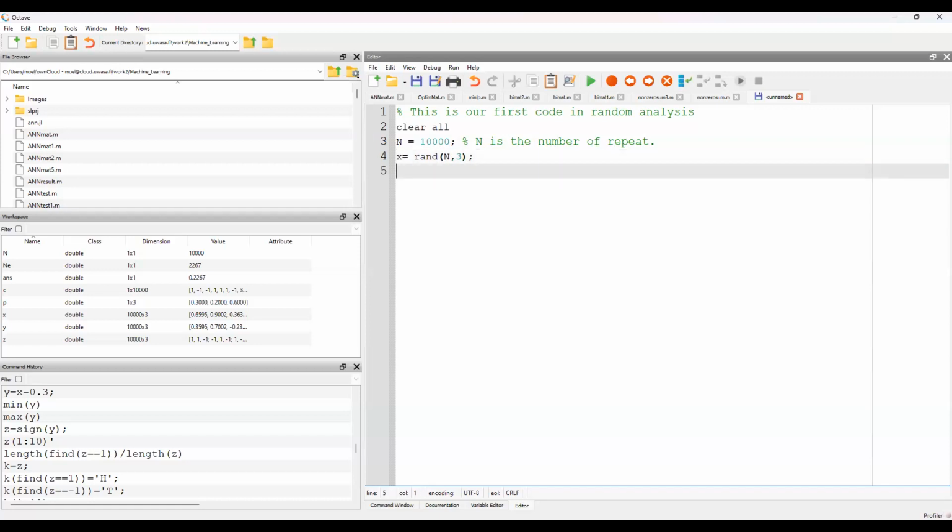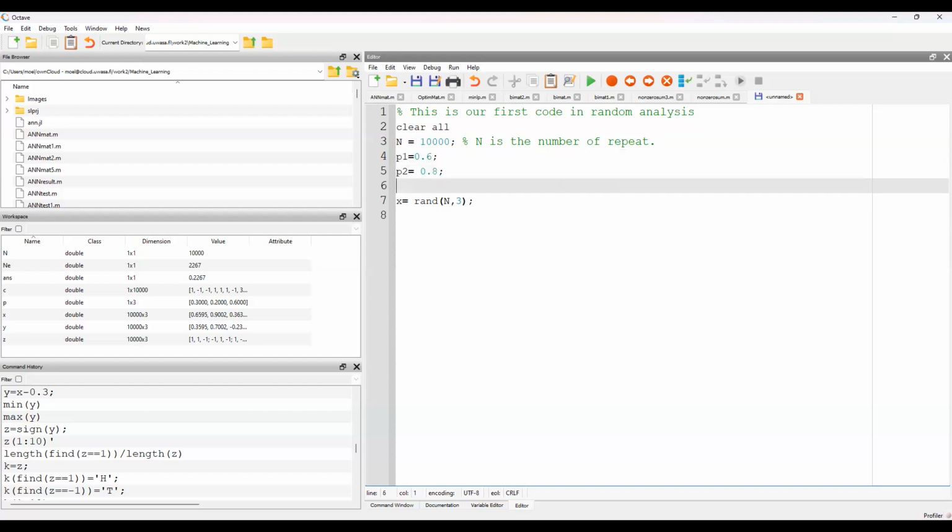And then I generate the probability. So the probability, actually you can define them here also. In your example, you can define B1 equal to 0.7 or 0.6, and B2 equal to, let's say, 0.9, and B3 equal to, let's say, 0.1.